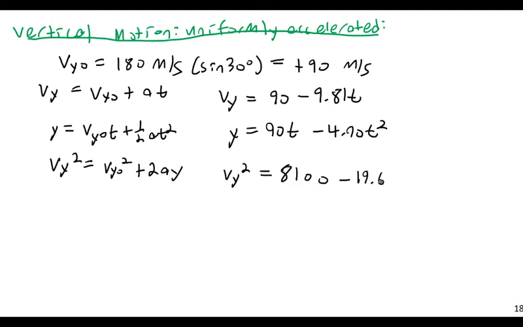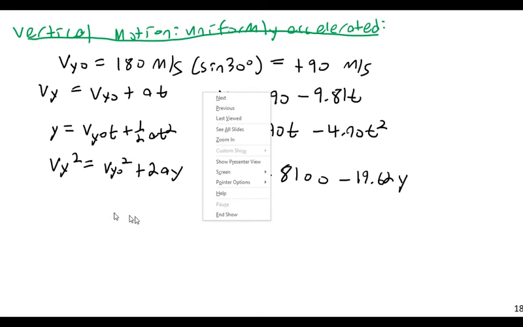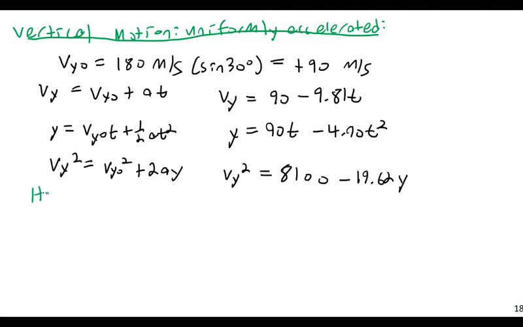All right, so I have these equations, and then I wish to look at horizontal motion. I haven't yet solved for the actual things requested, but I'll get there. I'm going to call this one equation 1, this one equation 2, equation 3, and we'll see some others later. Horizontal motion.